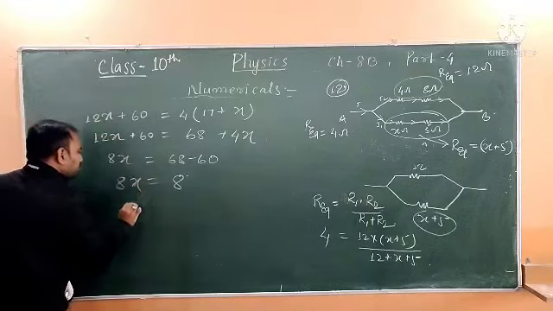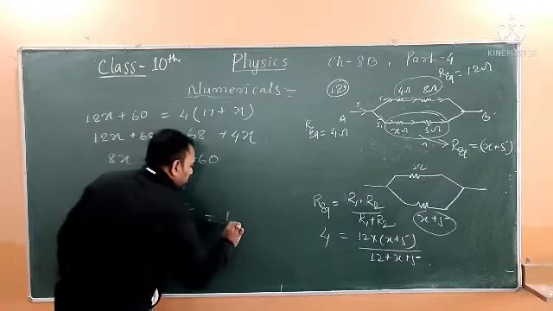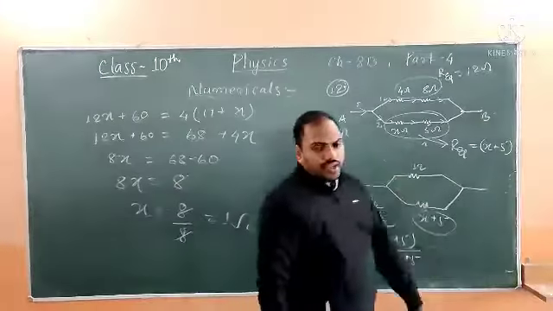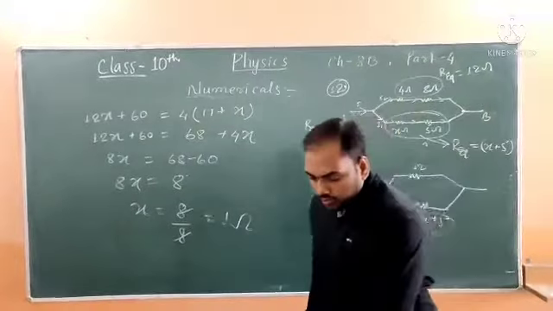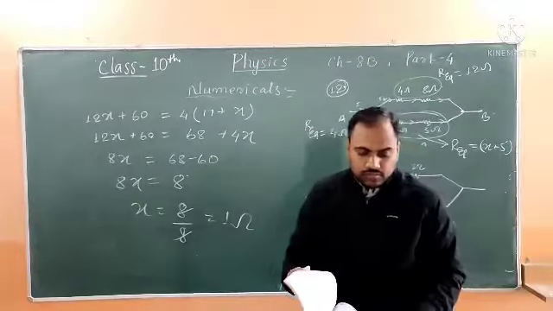So 8X equals 8, X will be equal to 8 upon 8, that is 1. So the value of X is 1 ohm. I hope you get it clear.